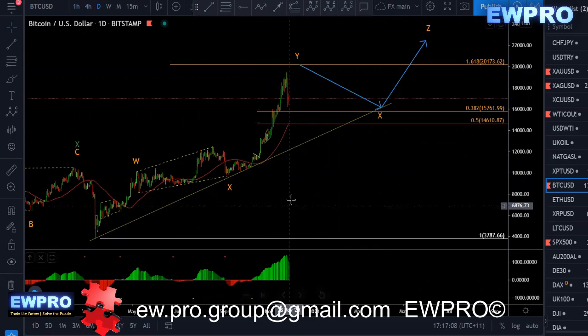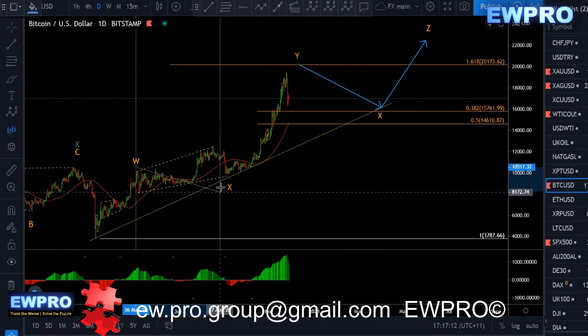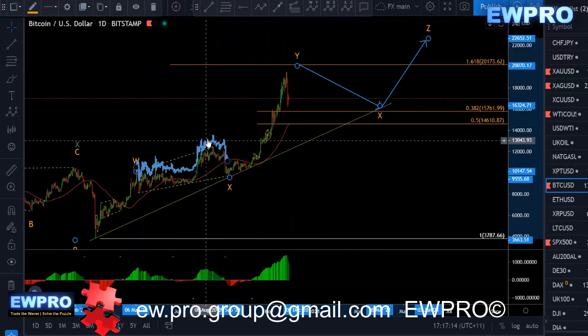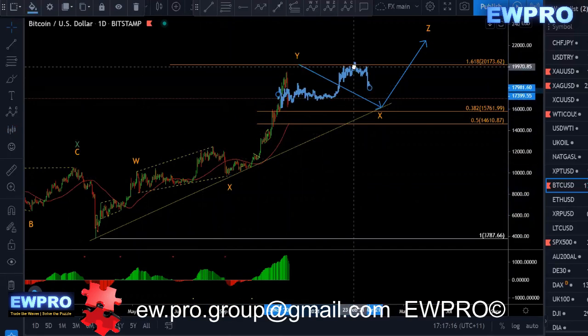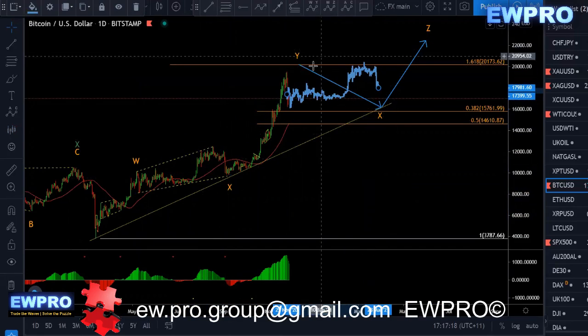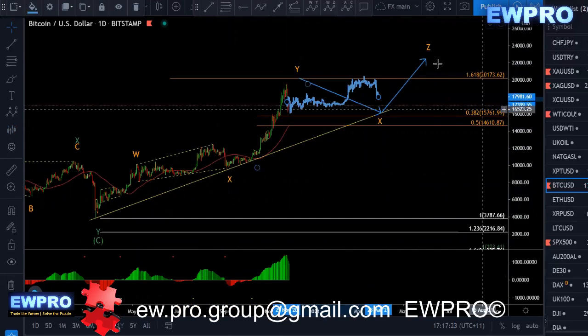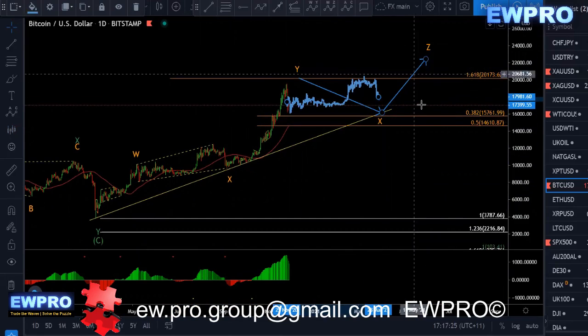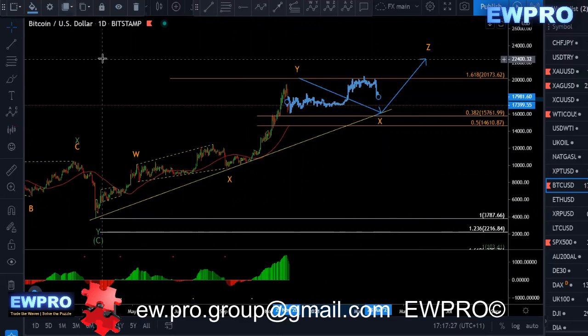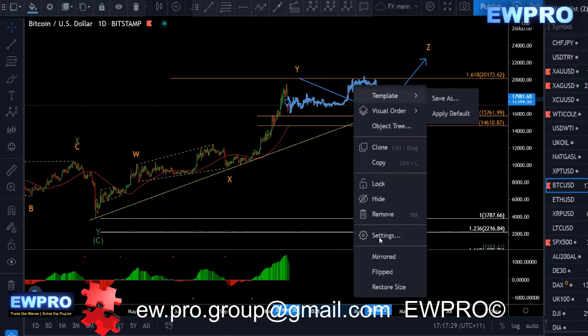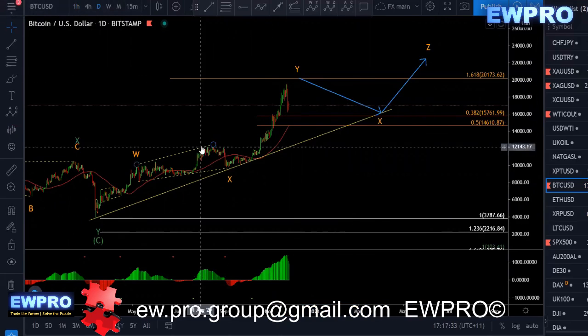There's no confirmation this wave Y is over yet, but I'm looking for a correction similar size to this. So I think we're going to be in a correction for a long time before we get that Z up, because I am looking for that Z up on the daily. But there's a time factor involved, and it's quite a big time factor.